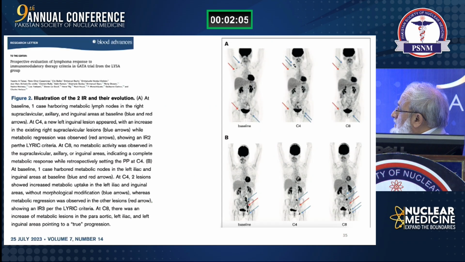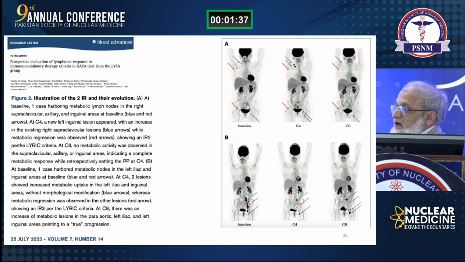Here, for example, this is one patient: baseline, 4 cycles given, and immunotherapy, and the 8th cycle. Here you can see the disease which is present in the pelvis, in the inguinal area, left side, and with the cycles, the number of lesions has increased. After about 12 weeks, there is complete disappearance.